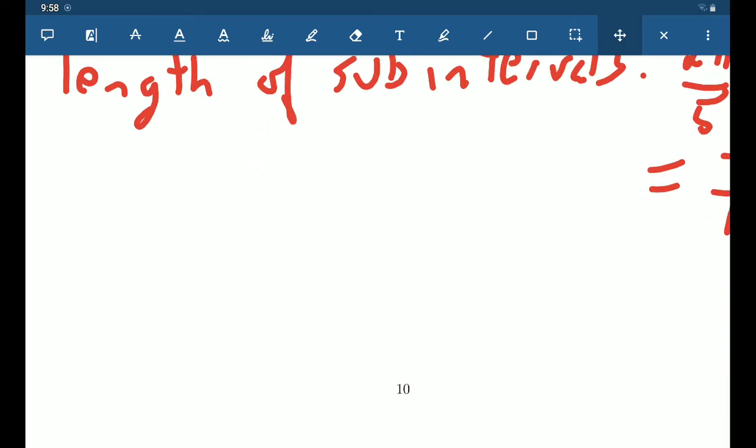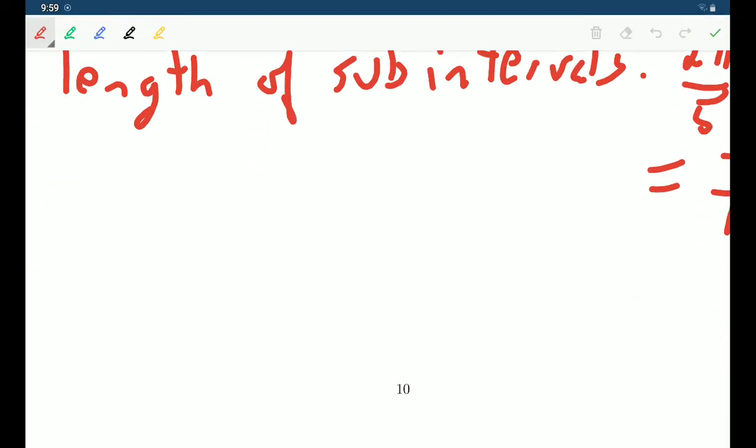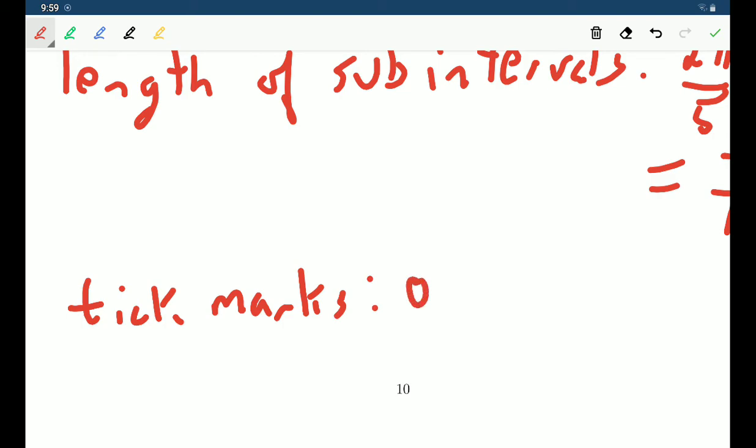So for example, if we're thinking about our little tick marks that we'll be putting along our x-axis, it'll be starting with 0, then we'll go up by pi over 10. We'll go up by pi over 10 again, or in other words, 2 pi over 10, which is the same thing as pi over 5.